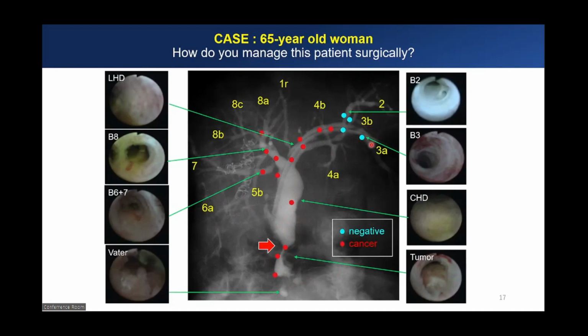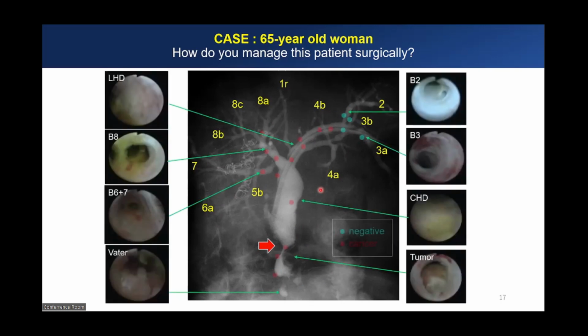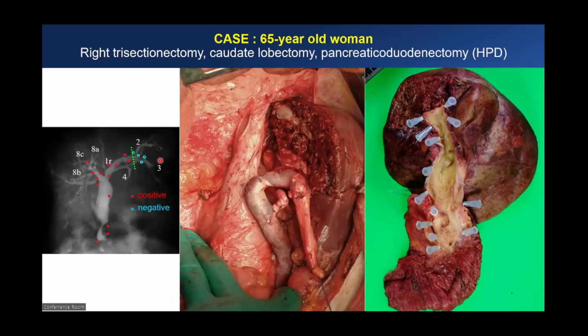So I got one question: how do you manage this patient surgically? This is a very difficult problem because usually with this scheme we perform the pancreaticoduodenectomy, but this is a confirmed positive margin. We performed right trisectionectomy, caudate lobectomy, and pancreaticoduodenectomy in this patient.